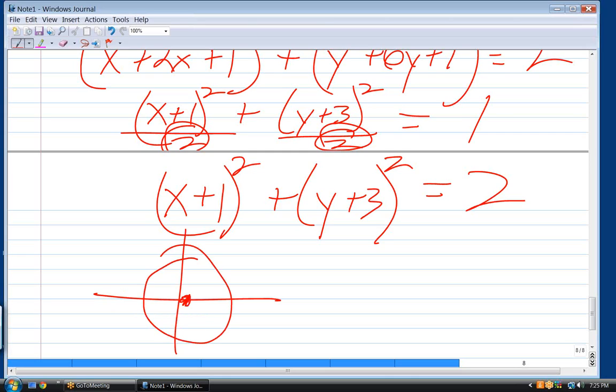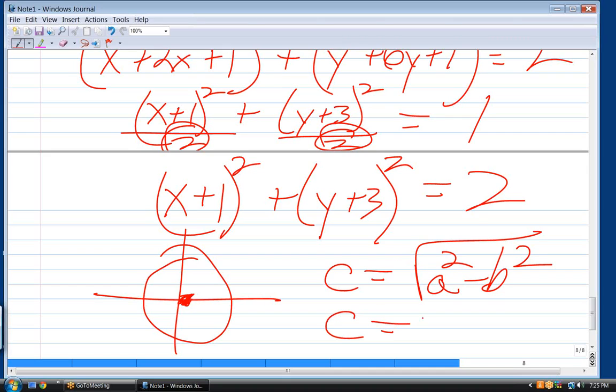In other words, the focus is the same as the center. So there's 0 distance between the focus and the center for a circle. Because they're the same. And because C is the square root of A squared minus B squared, C is always 0 for a circle, even if you treat it as an ellipse.